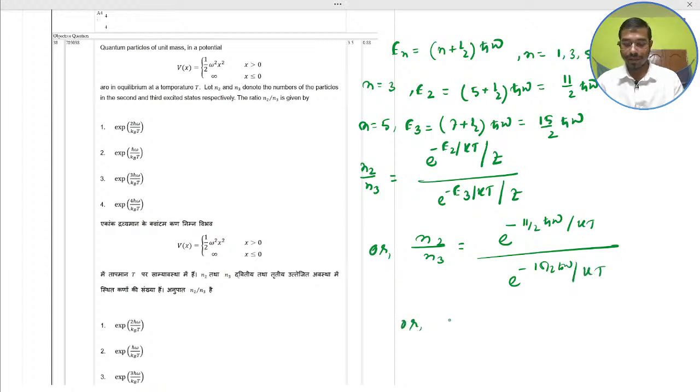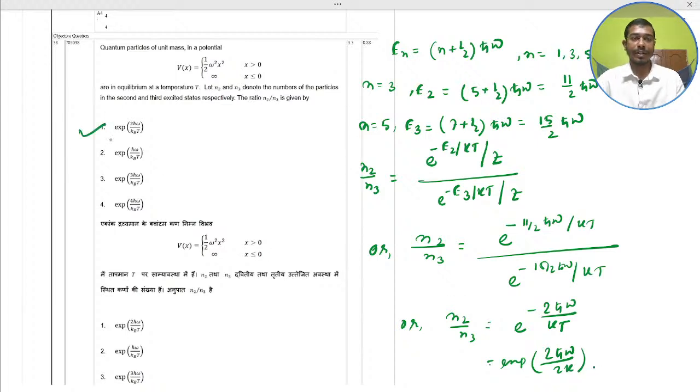So you would get the N2 by N3 value would be the exponential 2 h cross omega divided by kT. Means option A would be the correct. This is basically the exponential 2 h cross omega by kT. Option A would be the correct. Option 1.